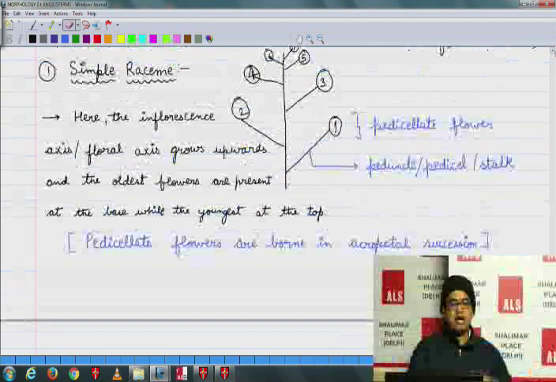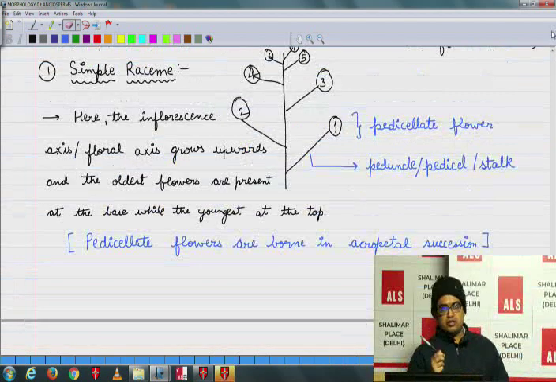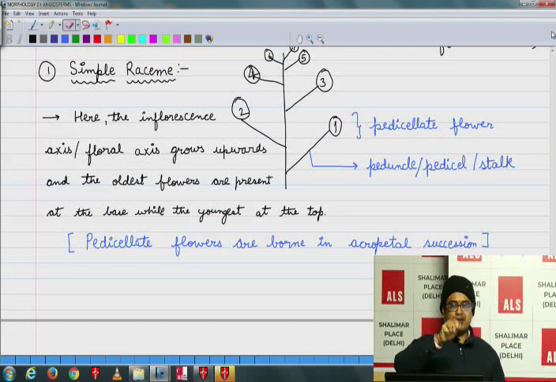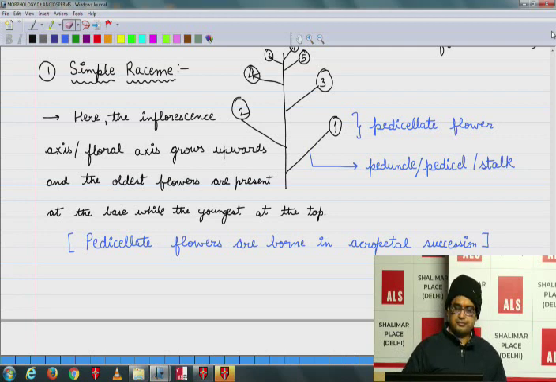This type of division, this type of habit, is called acropetal succession. So here also acropetal succession is happening. It's also a form of branching. Pedicellate flowers are born in acropetal succession. 1, 2. Younger is always at the terminal end. So 1, 2, 3, 4, 5, 6, 7, 8, 9, 10. Like this. This is acropetal succession.